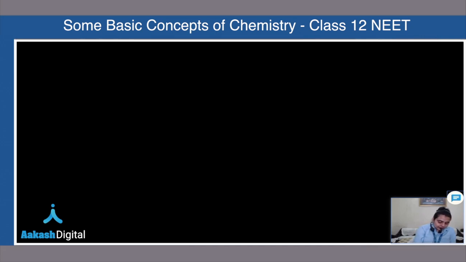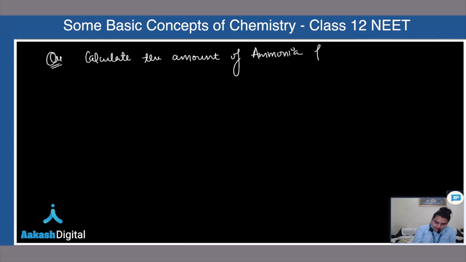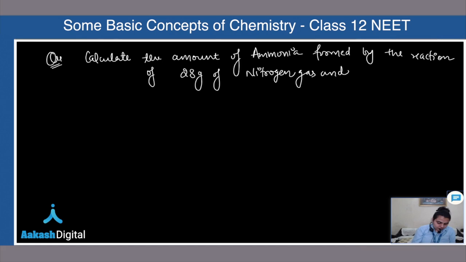For example, I say the question is: calculate the amount of ammonia formed by the reaction of 28 gram of nitrogen gas and 12 gram of hydrogen gas.